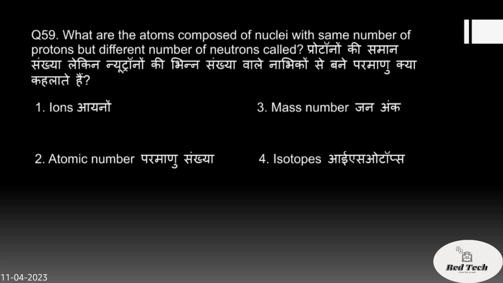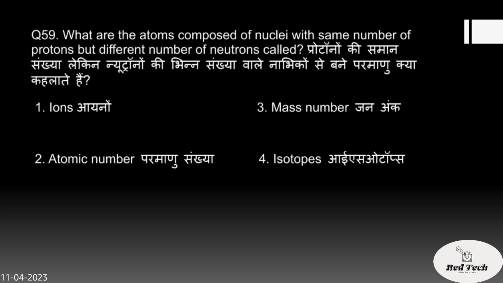Question number 59. Atoms composed of nuclei with the same number of protons but different number of neutrons are called what? So we have to tell which element has the same number of protons but a different number of neutrons. Same number of protons means the same number of electrons and the same atomic number, but a different mass number.